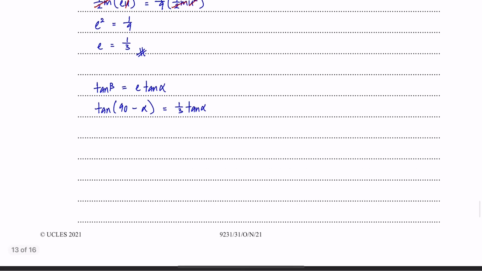So tangent 90 minus alpha would be 1 over tangent alpha from the formula that I gave just now. So the right hand side is still 1/3 tangent alpha. So tangent squared alpha equals 3. And tangent alpha equals root 3. So this would be the value of tangent alpha.